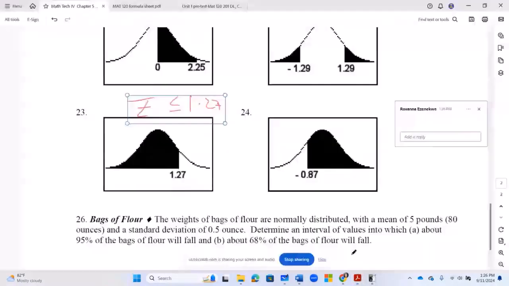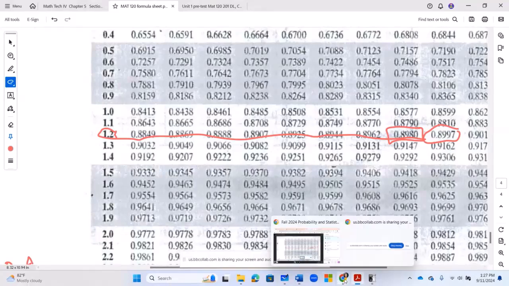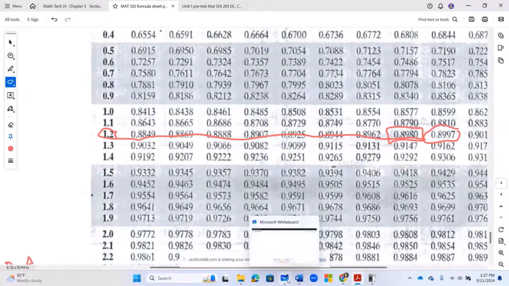So I'm going to read the chart first. Now it is 1.2. I read 1.28 before, so actually this is 1.27. So it's 0.8980. And because I'm reading area to the left, there is nothing more to do.